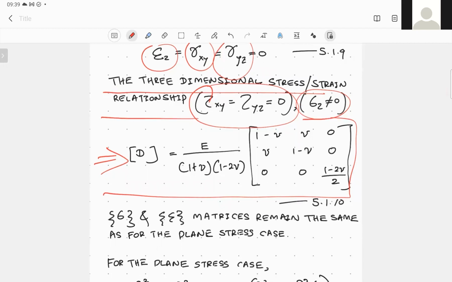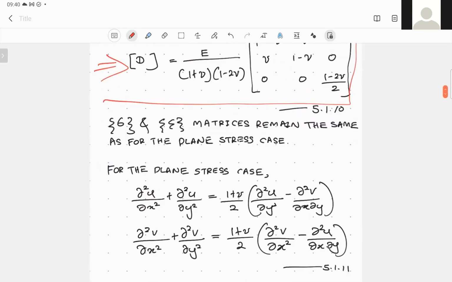So what is the next step? We have found the relationship between the stresses and strains. If we further consider the plane stress case, what do we know in the plane stress case?